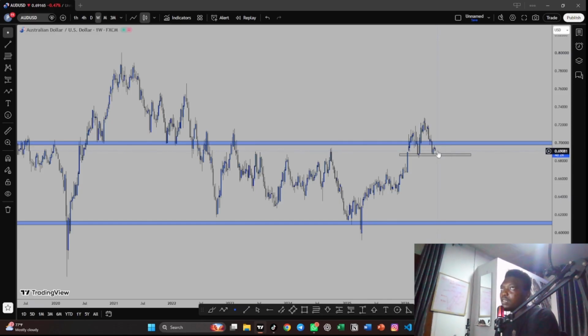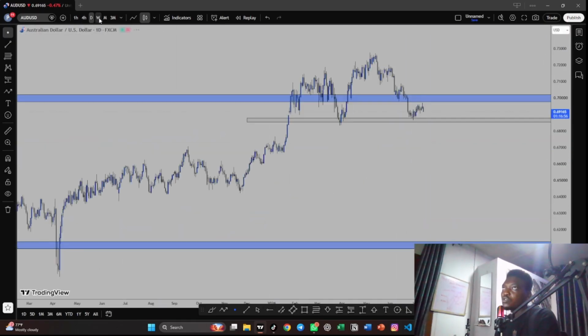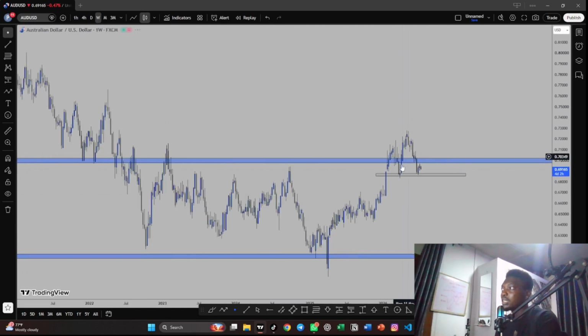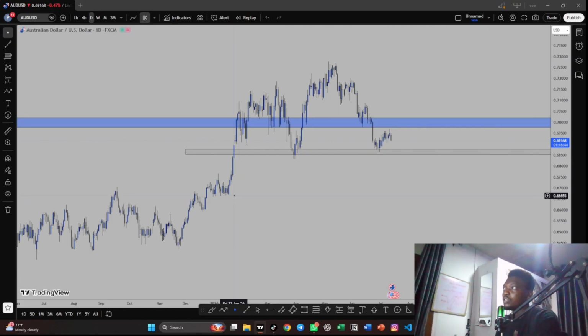Either way, if I'm going to be taking any opportunity on AUD USD, I need this level to break. This level has to break, because structurally on the weekly chart, this level can still hold price for more buys, but I need that level to be taken out first before I start considering trade opportunity on AUD USD.